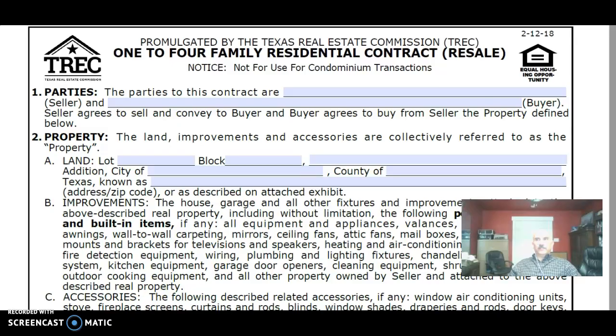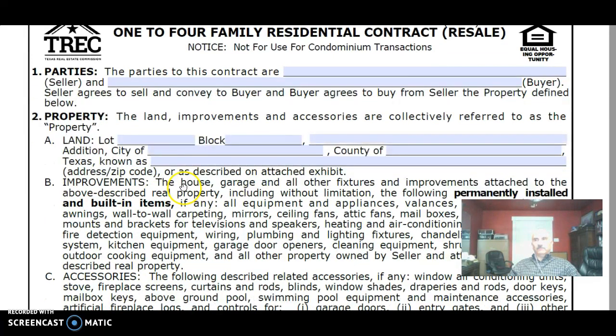So this is the TREC contract, and in the second paragraph, you want to make sure that the legal description is correct. If you're buying two lots, you want to make sure that you're getting sold two lots. Accuracy is important in this legal description.